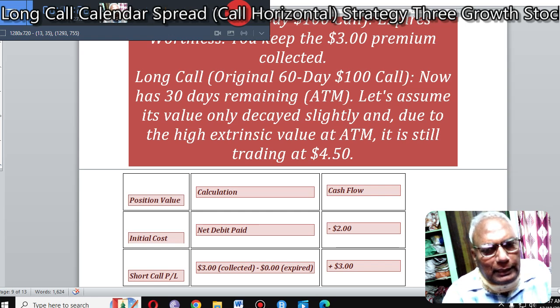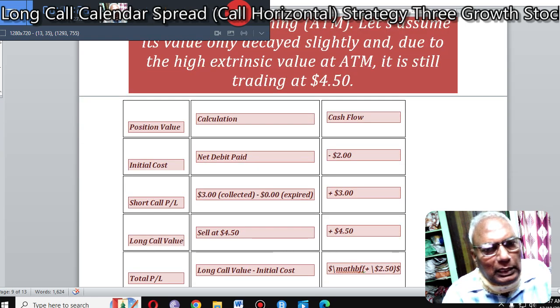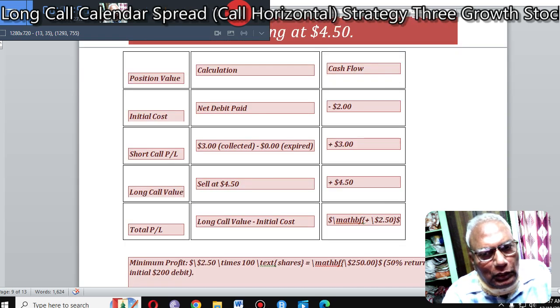Position value calculation, cash flow, three columns. Initial cost, meaning net debit paid: minus $2. Short call profit and loss: $3 collected minus $0 expired, plus $3. Long call value, sell at $4.50: plus $4.50 cash flow.